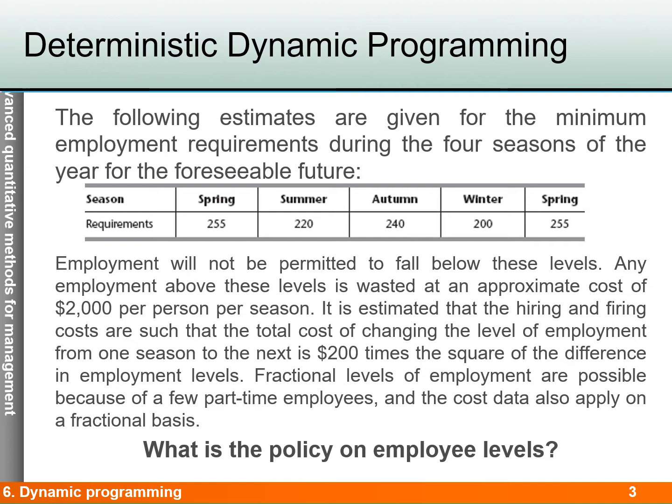So as we know, the cost of 2000, okay, and the cost of 200 that we reviewed, form the total cost. 2000 is the difference with the minimum required, and 200 is the cost of hiring or firing, multiplied by those parentheses that in the next slides we'll see them.